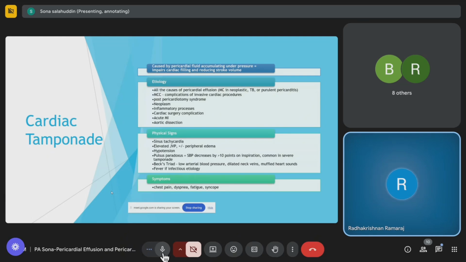The clinical signs are they can't lay flat. You put them down, they scream bloody murder. They're very tachycardic, you see electrical alternans on the rhythm strip, and the pulsus paradoxus, as you mentioned before. Those are very typical signs of acute cardiac tamponade, very easily detected.